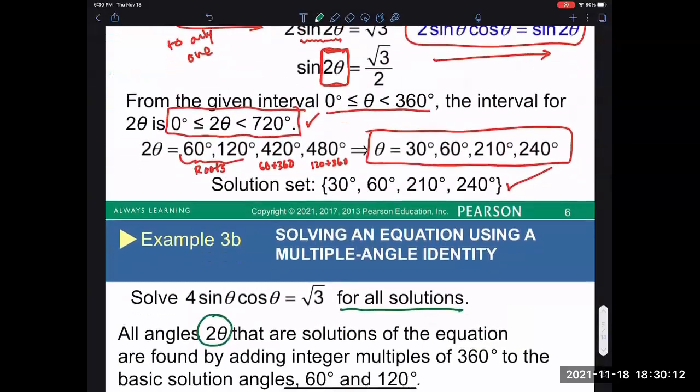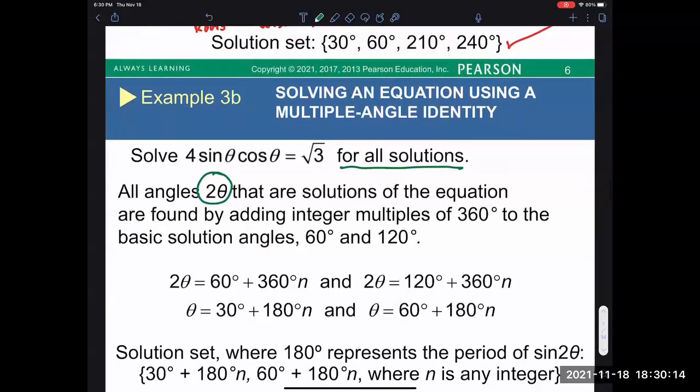Sine of 2 theta had to equal square root of 3 over 2. We got that equation in part A. And that led us to 2 theta needing to satisfy that the sine function gives me square root of 3 over 2. That happens with 60 and 120. And again, I refer to these as the root solutions.